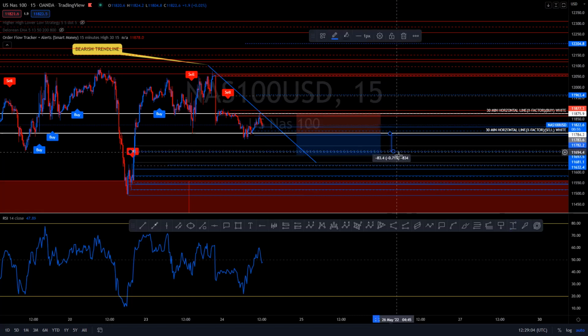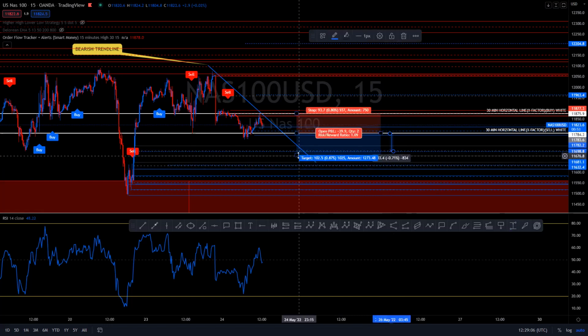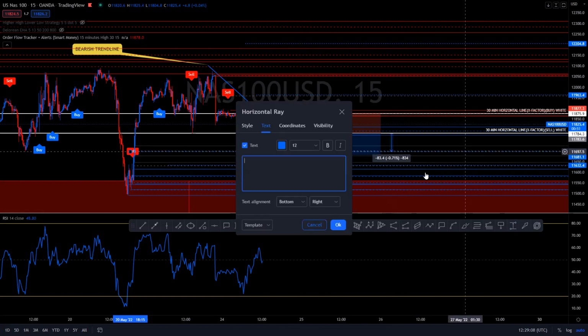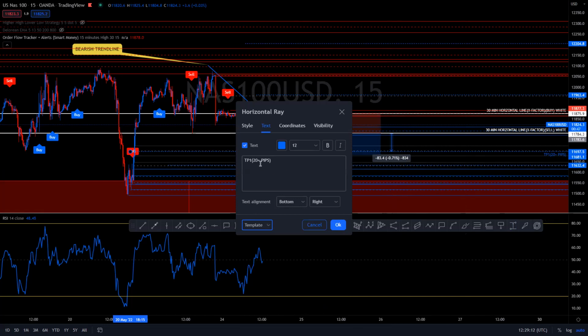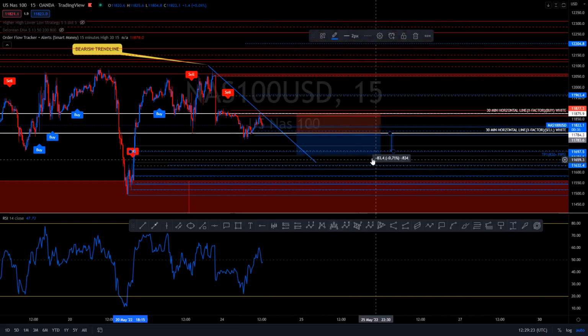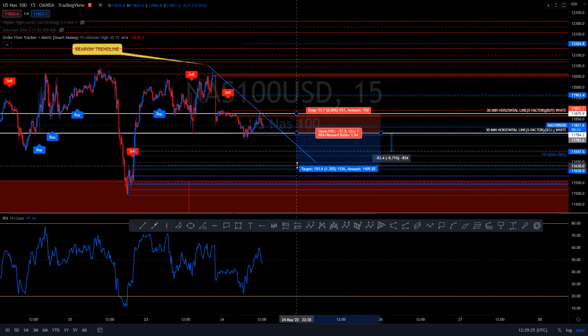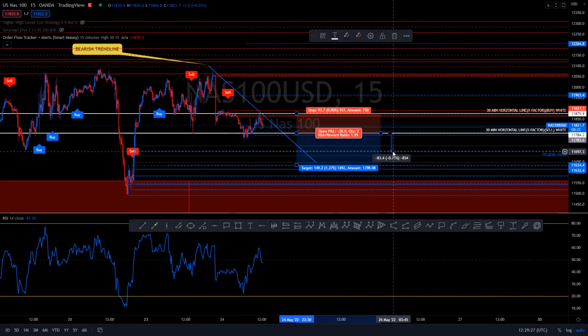This is at least way over enough for NAS. So this is going to be TP1, 830 plus pips. TP2 down here.